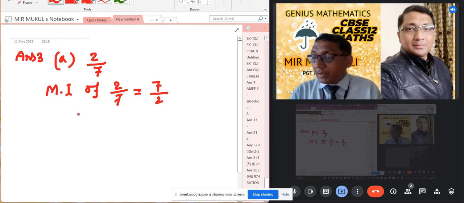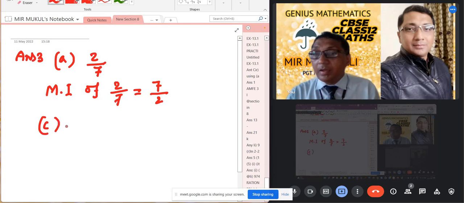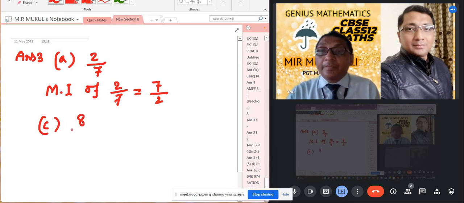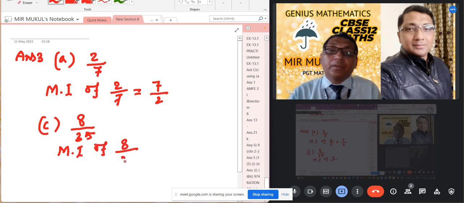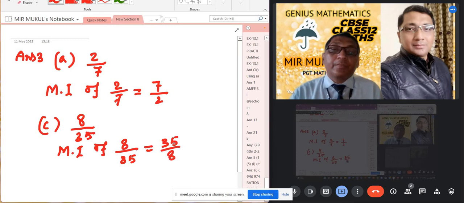And one more I am doing, that is C. Here 8 by 35. So multiplicative inverse of 8 by 35 equals 35 upon 8.